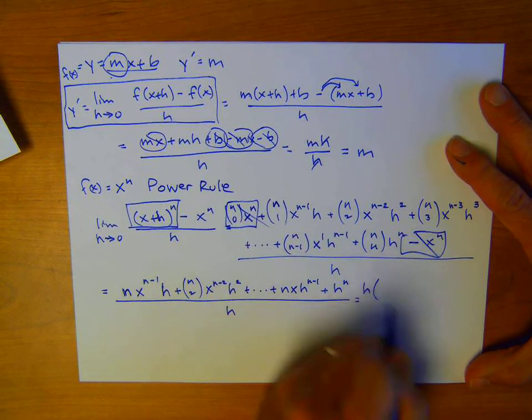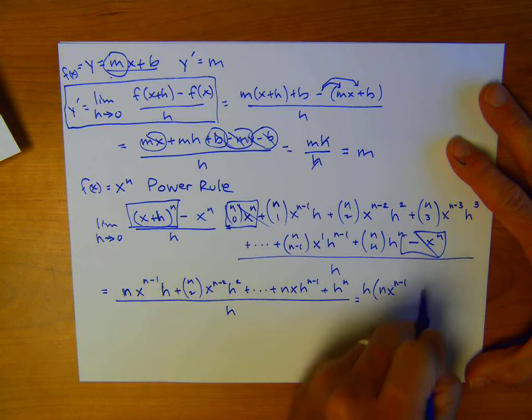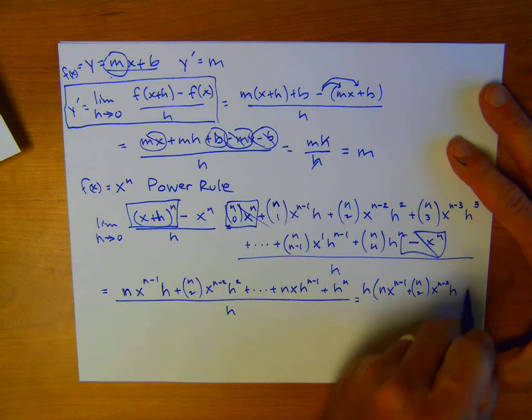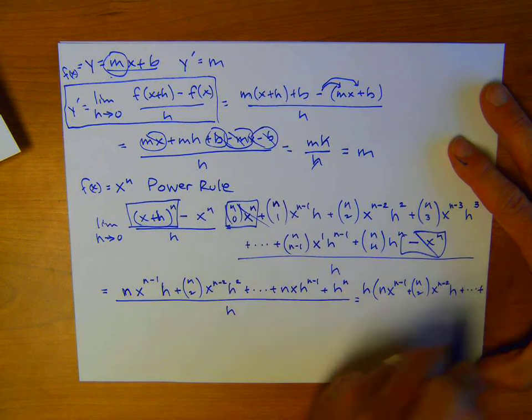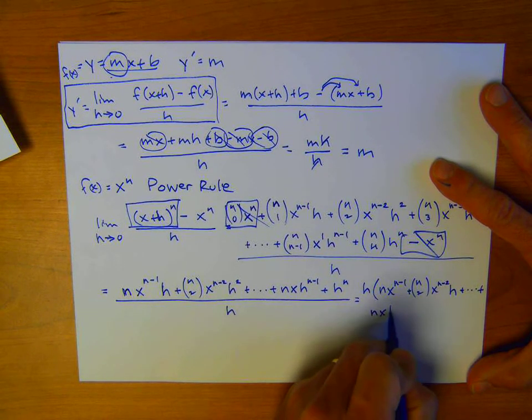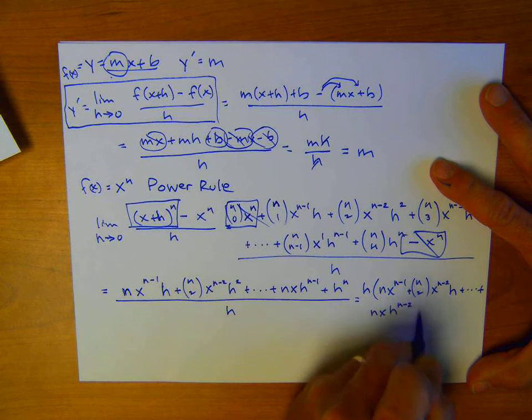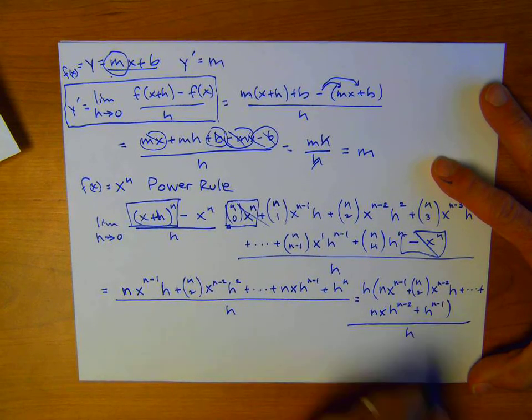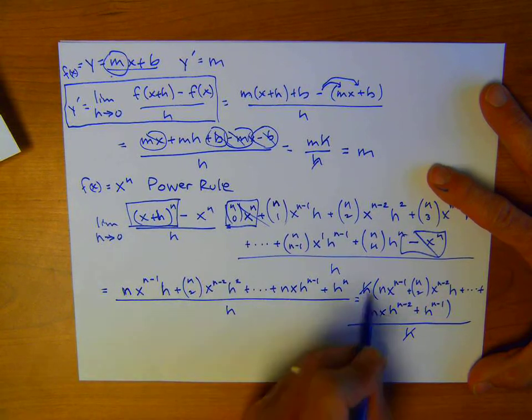If we take an h out, then I've got n x to the n minus 1 plus n choose 2 x to the n minus 2 times h plus all these things, and then I'll have n x h to the n minus 2, since I took one out, plus h to the n minus 1, again since I took one out. So I just factored an h out of all those. This is all over h. The reason I factored that is now this h and that h cancel, right? So we're just left with 1.